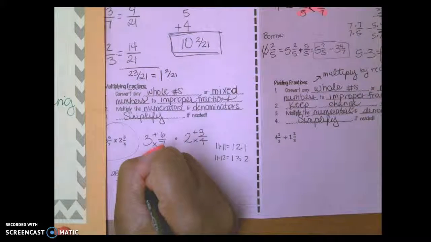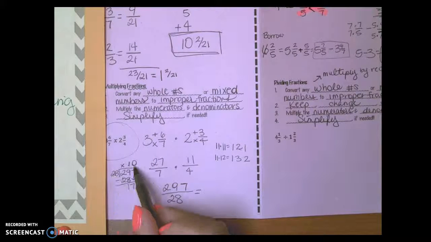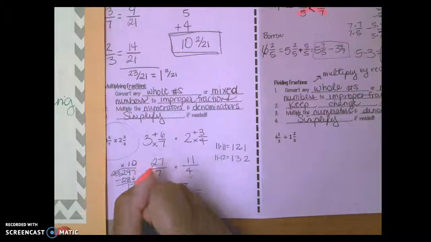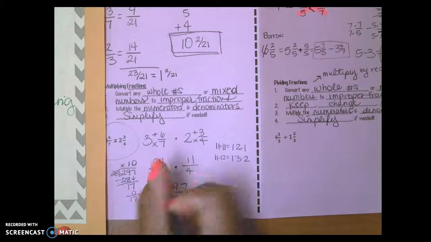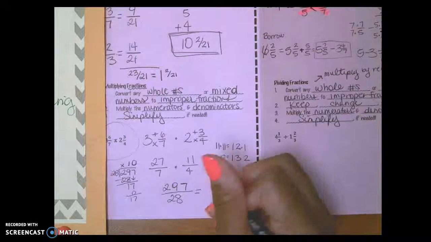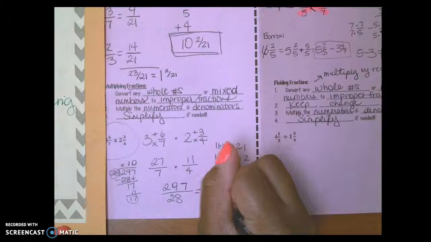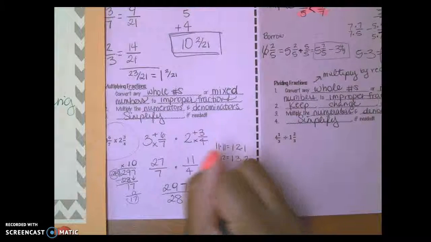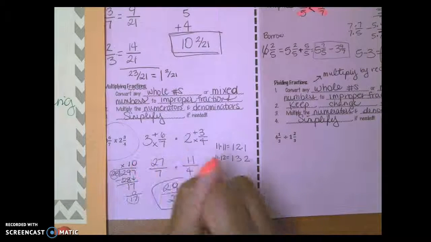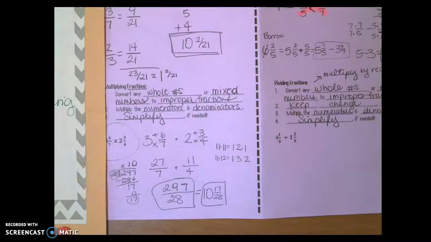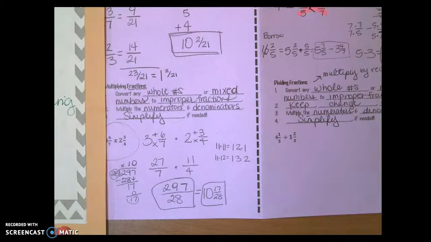No. 0 times 28 is 0. Let's leave it in mixed number form. What's my answer? 10 and... Good. 2 answers: mixed number, improper fraction. There's also a decimal, but we don't need that right now.